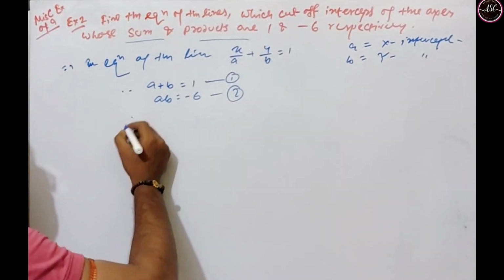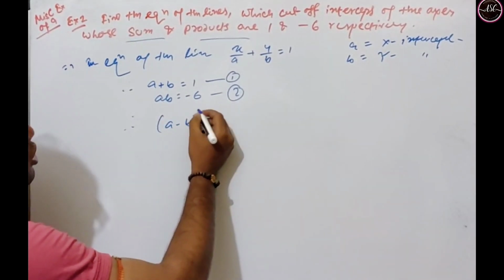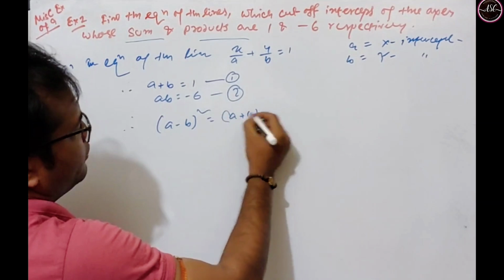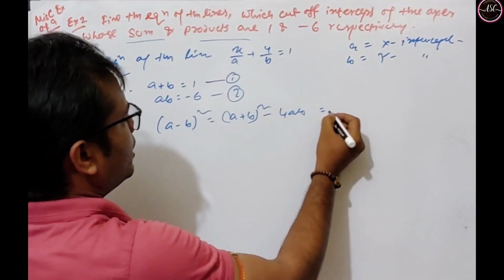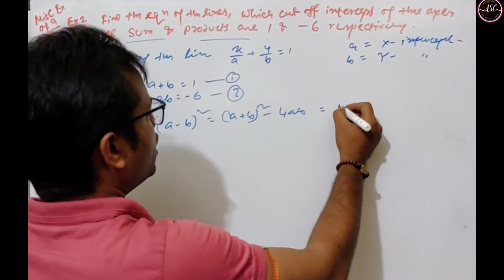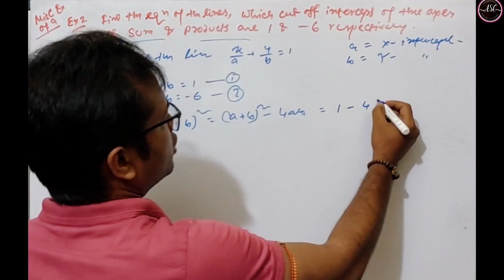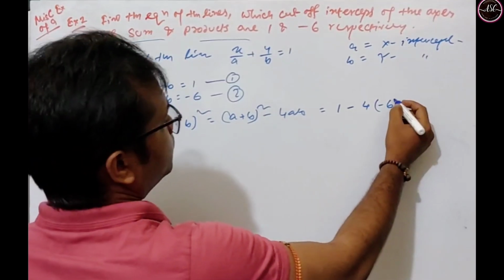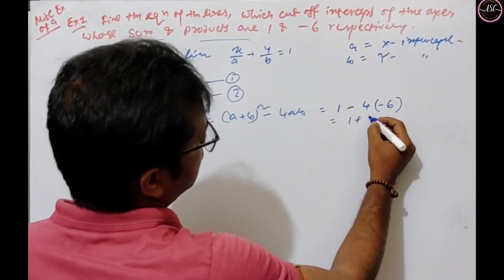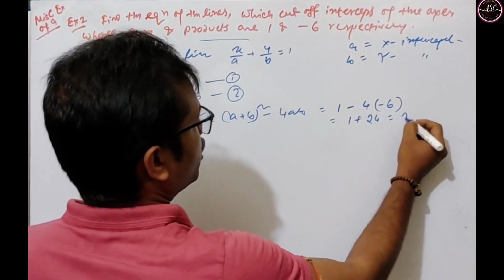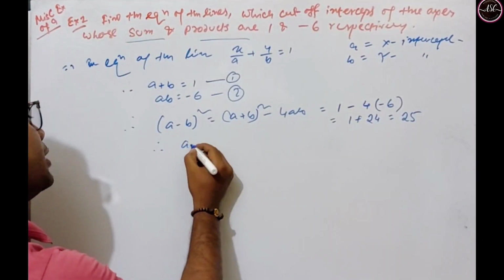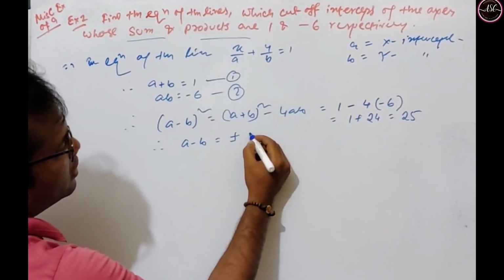Now therefore we can write (a minus b) whole square equal to (a plus b) whole square minus 4ab. That means putting in this value, 1 square minus 4 into minus 6. Okay, so we have 1 plus 24, that means 25. Therefore a minus b equal to plus minus 5.